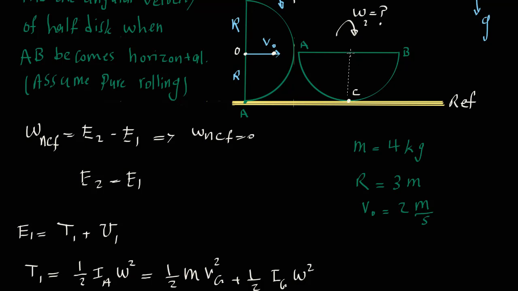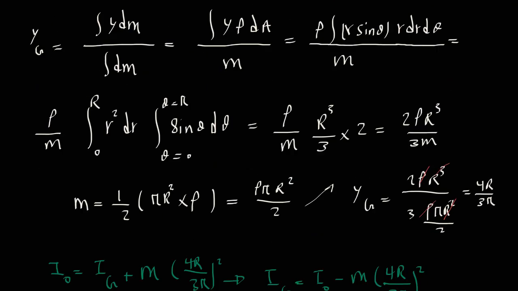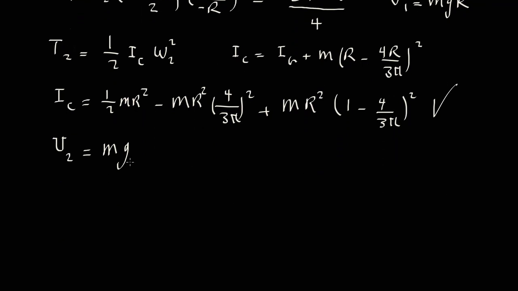Let's say this is this line we have here, and the center of mass, we saw that it's just somewhere here, that this is 4r over 3π. So the height of this point above this reference line would be again r minus 4r over 3π. So this would be mg times r times (1 minus 4 over 3π).